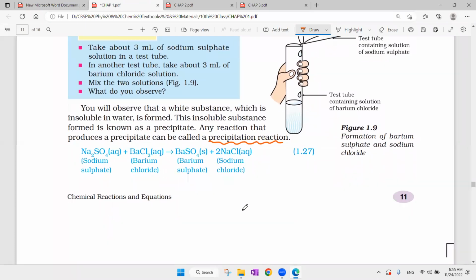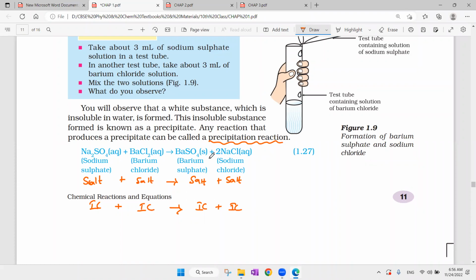Here you can tell like reaction between salt and salt gives rise to salt plus salt, or reaction between ionic compound plus ionic compound gives rise to production of new ionic compounds, as well as precipitate is formed.